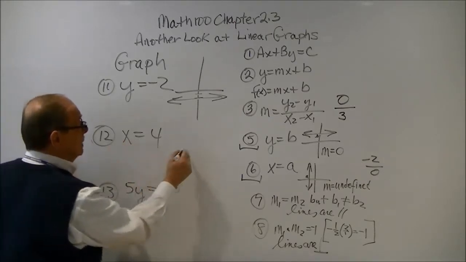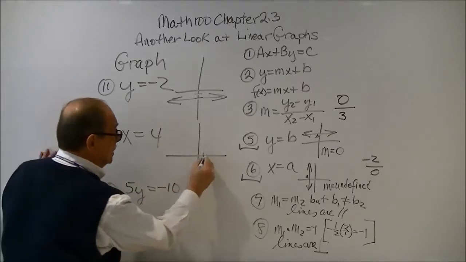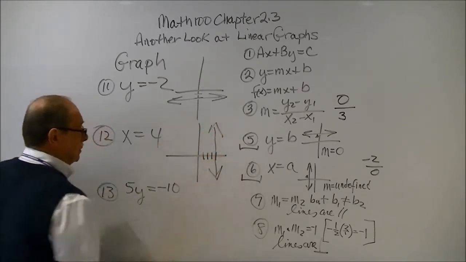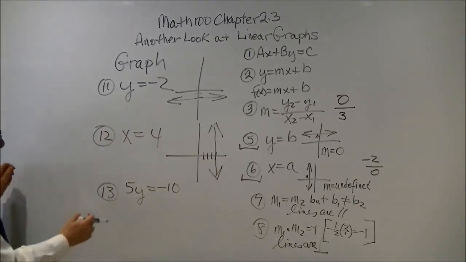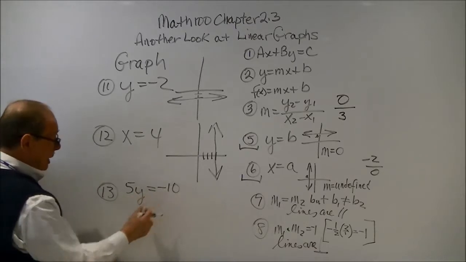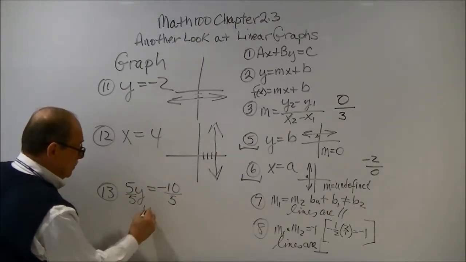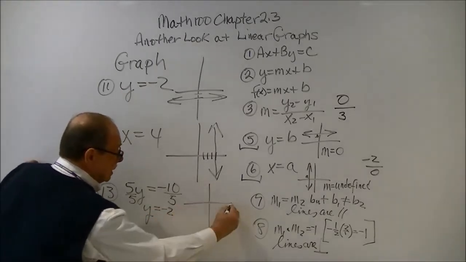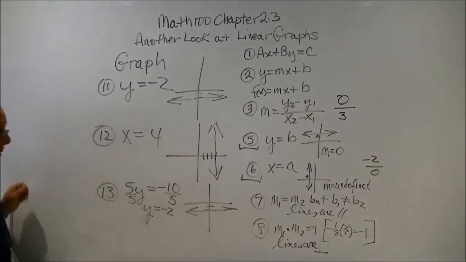X equals +4, vertical line through 4. Now for number 13, we have to find out what y equals. We divide both sides by 5, and we get y equals -2. And there we are.